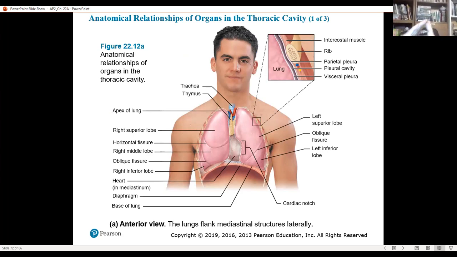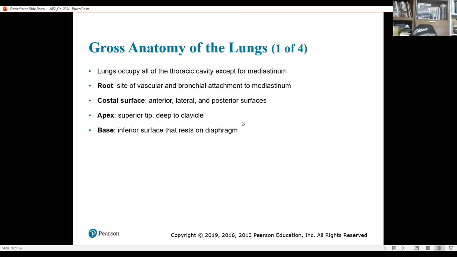Well, this pointy part on the lung right here is again called the apex. If you have trouble remembering that, look at the point on the capital letter A. This point should remind you of the top of the letter A. That's your apex. All right, moving back.